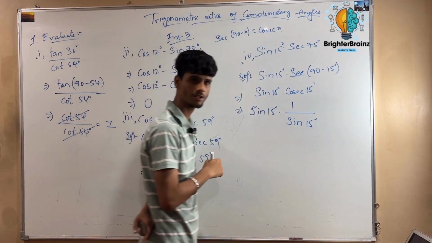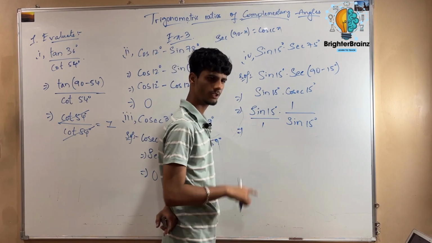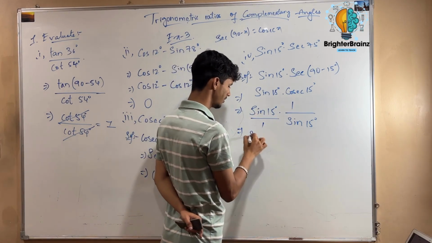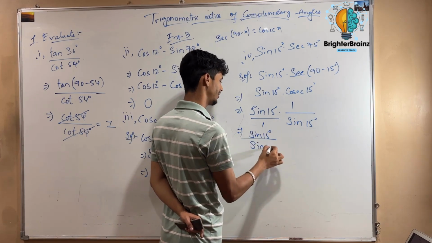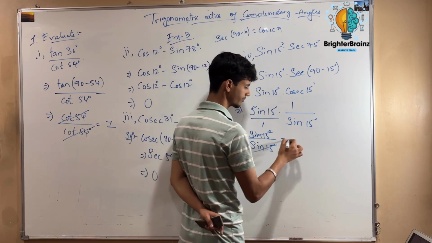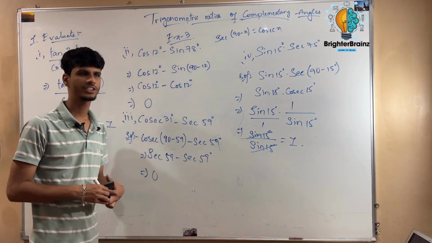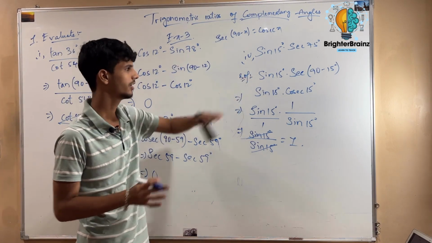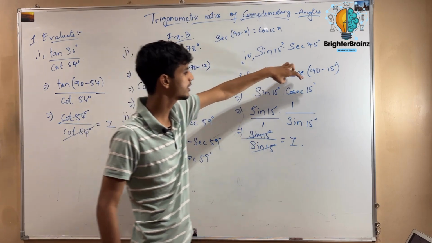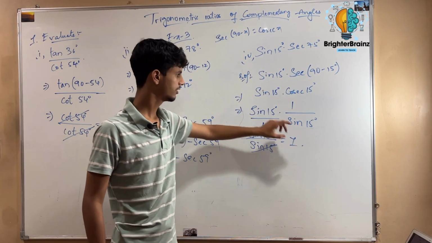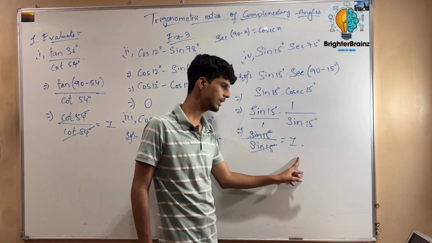Now sin 15 into 1 by sin 15 is sin 15 divided by sin 15. Now it becomes 1. Just an extra step here, and we use the first basic concept. Here cosecant is the reciprocal of sin, so sin 15 and sin 15 get cancelled. The result will be 1.